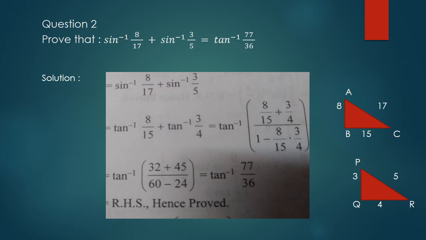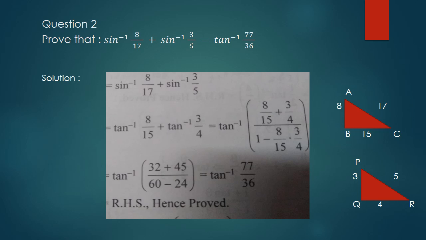So side PQ will be 3 and side PR will be 5. So by using Pythagoras theorem, QR will be equal to 4. Now tan is perpendicular upon base, so tan inverse 3 by 4.